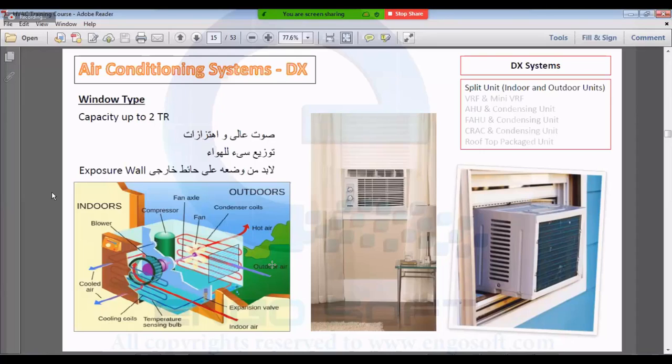You can actually hear the vibration of this unit; it makes large vibration. Moreover, it can't distribute the air inside the space. It has fixed grills. There's only one small supply with fixed grills.